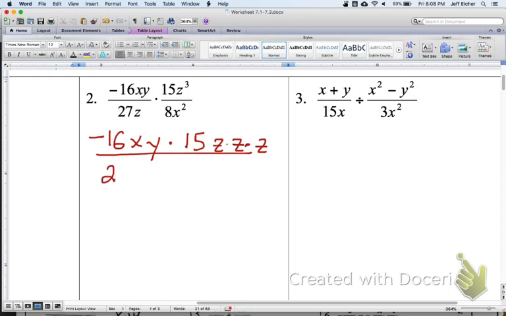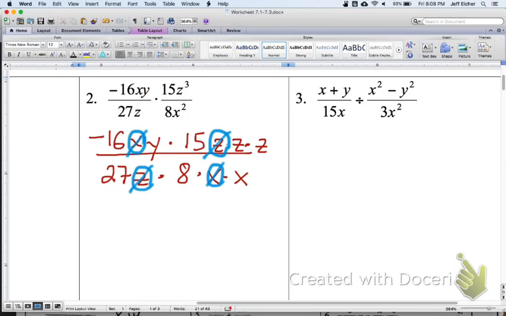In the denominator we have 27z times 8 times x times x. In the numerator we have x here and we have x here. We can divide those x's out, so those are gone. We also have 1 z here and 1 z here. We could divide those z's out.